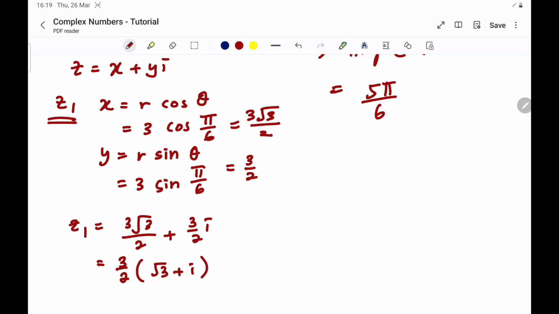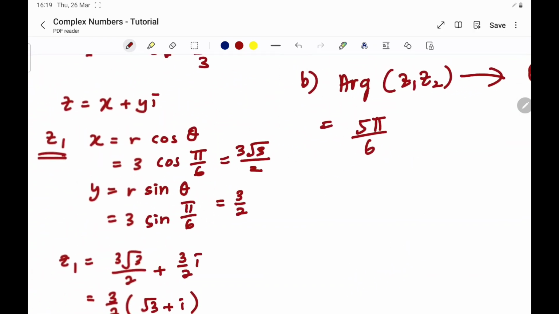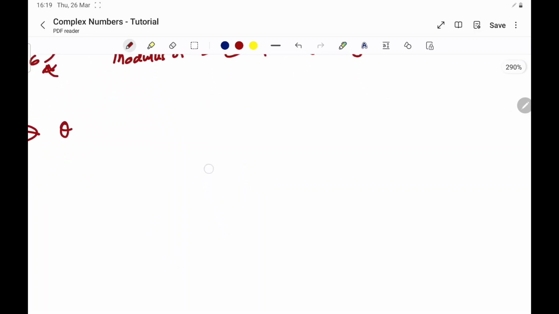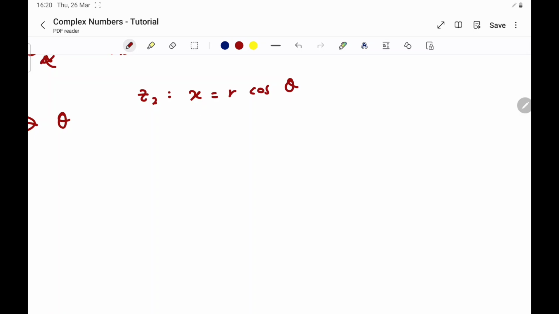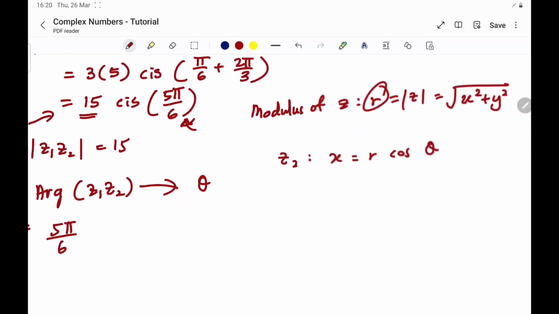Now for z2, we will do the same as well. I will put it at this side for z2 because we don't have enough space. We have to find x first, which is r cos theta. For z2, our r is 5 and our theta is 2 pi over 3.